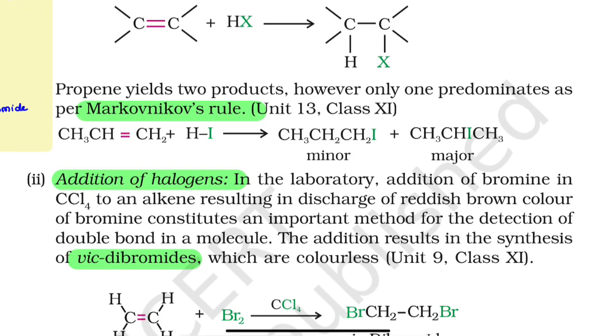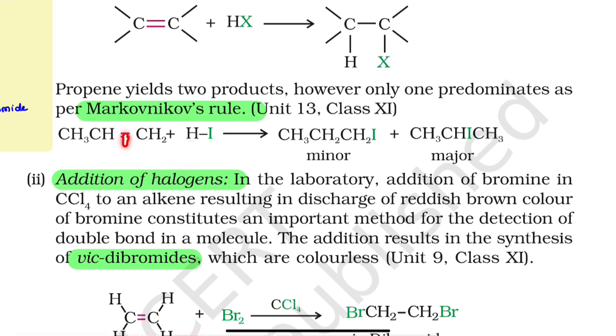So see here, this is the carbon-carbon double bond. Check this carbon atom, where more number of hydrogen atoms is present. Two hydrogen atoms are present here, and to this carbon only one hydrogen atom is present. So here hydrogen atoms are more. Therefore hydrogen should be added to the carbon containing more number of hydrogens.